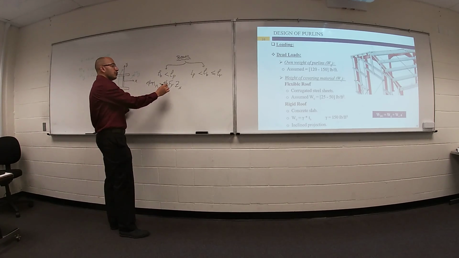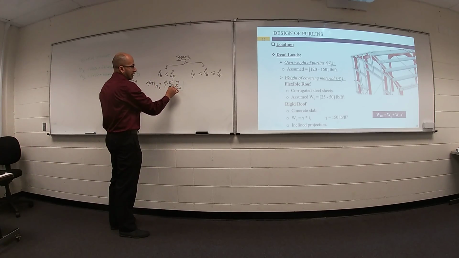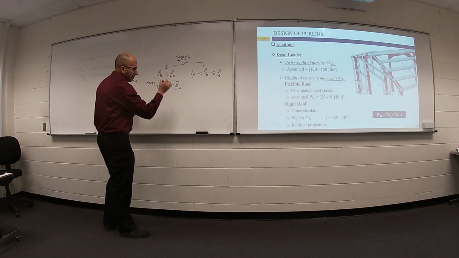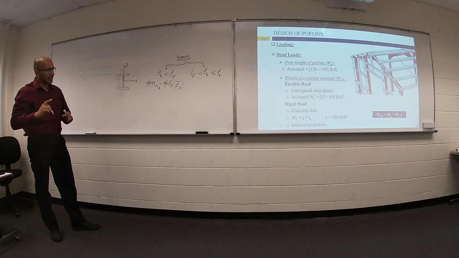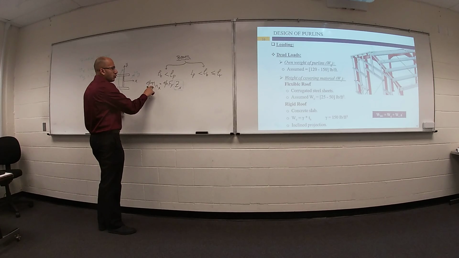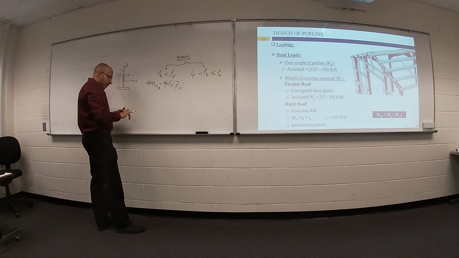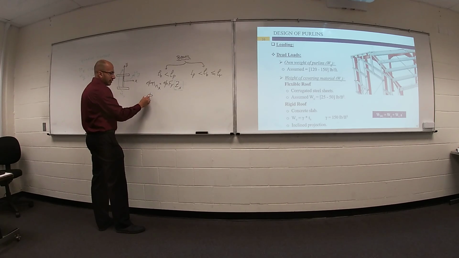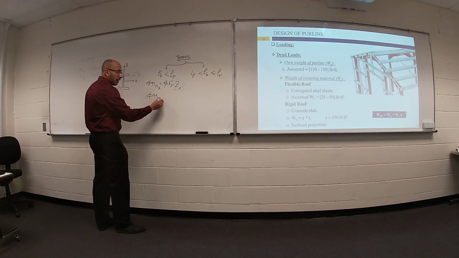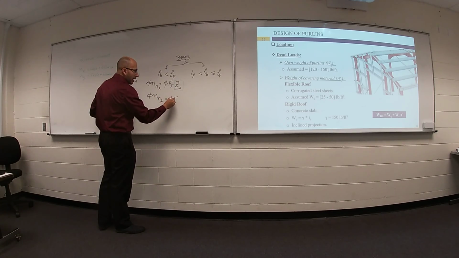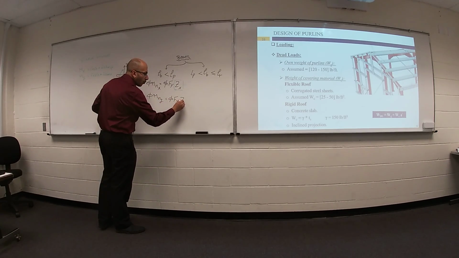So, if you are using plastic modulus of cross section about x, your nominal or your design moment about x. Maybe your design bending moment about y will be phi F yield ZY.